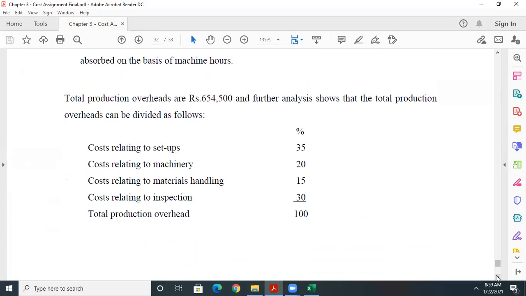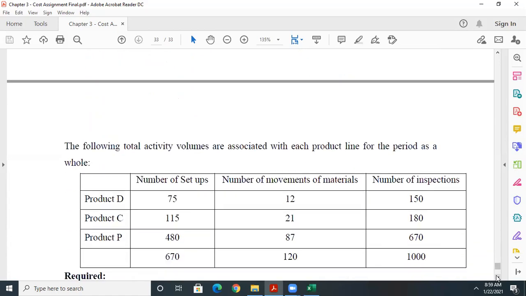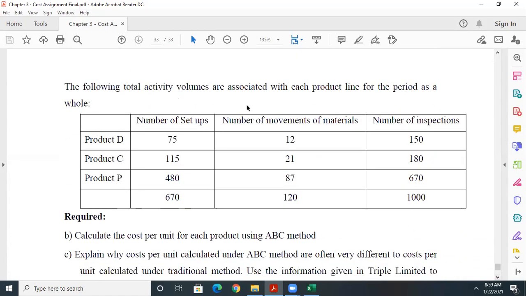Further analysis showed that the total production overheads can be divided as follows: cost related to setup, machinery, material handling, inspection, and likewise. Then the following total activity volumes are associated with each product line for the period as a whole: number of setups, number of movements, number of inspections. Calculate the cost per unit for each product using the ABC method.